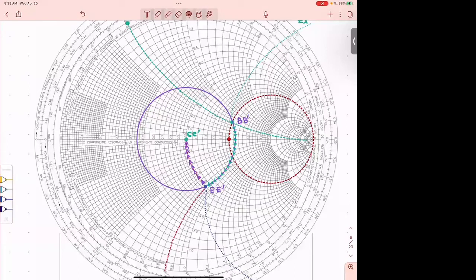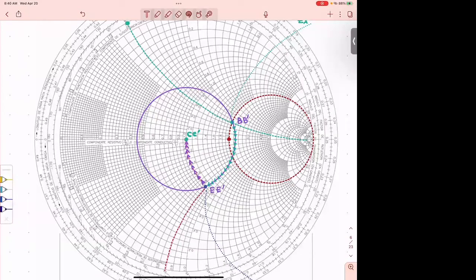Next. You remember where we want to go? Where is the matching point on the Smith chart? The matching point is at the center. Remember that? That's where it's 1 and 0, 1 real part, that point at the center of the Smith chart, which now I have as CC prime.